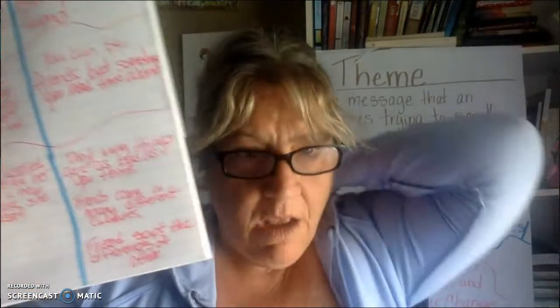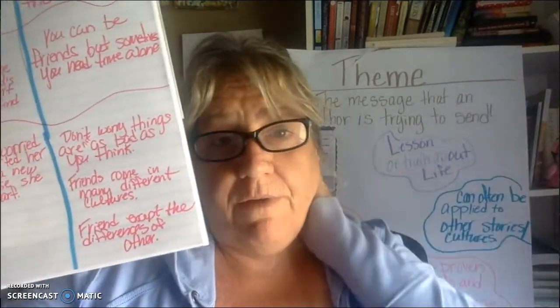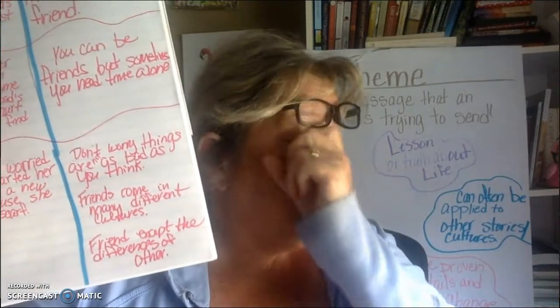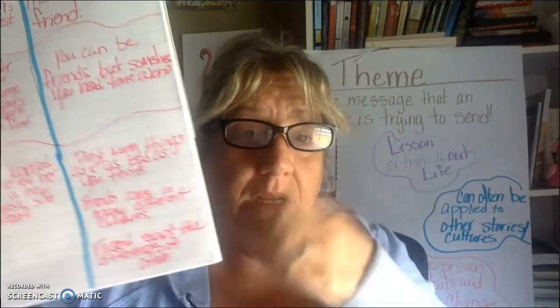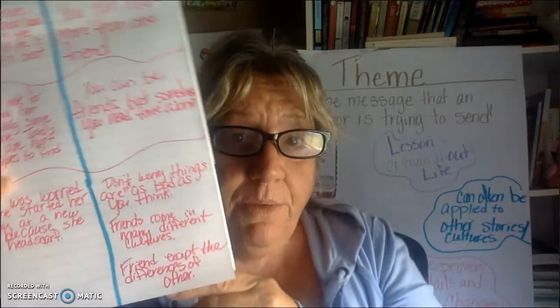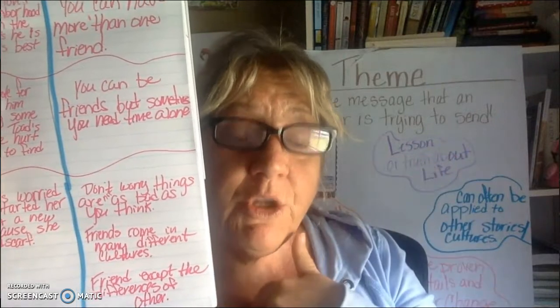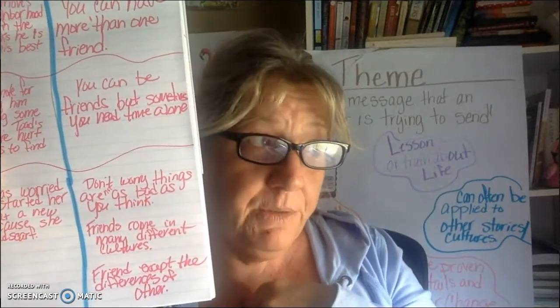Or friends come in many different cultures, or friends accept the differences of others. So there you go. I came up with 3 ideas just for that one. I don't know which one the author wanted, but I learned a lesson from it, and it's about what you learned from the story. Okay?